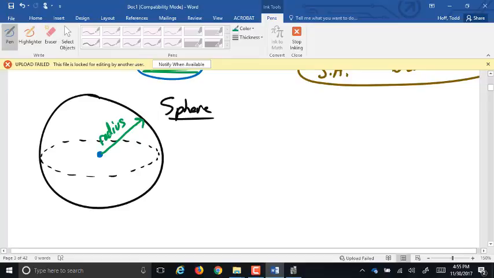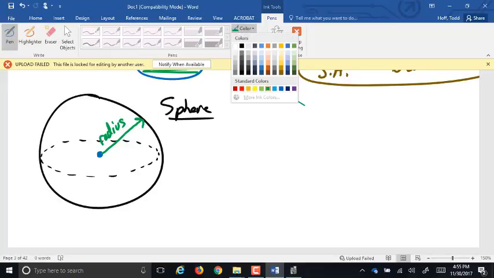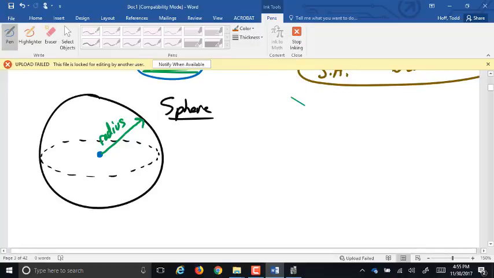So the only thing we have that we're concerned about for a sphere is its radius. Now again, I could show you where the formulas for volume and surface area of a sphere come from, but they involve calculus. We don't have time to get through a semester and a half of calculus to get to that point. So once again, I'm going to ask you to just trust me that these are the formulas.